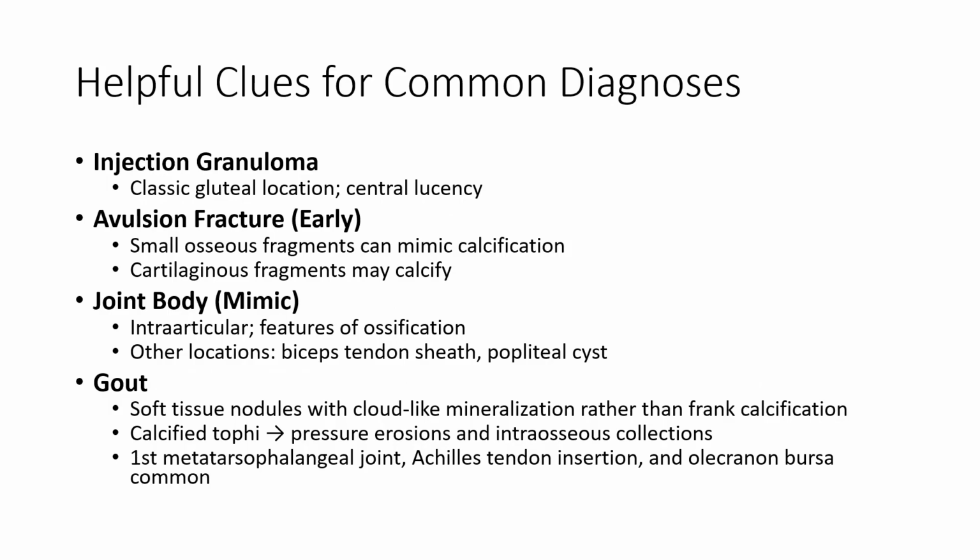Gout presents as a soft tissue nodule with cloud-like mineralization rather than trabecular calcification. Calcified tophi cause pressure erosion and intraosseous collections. The first metatarsophalangeal joint, Achilles tendon insertion, and olecranon bursa are common.